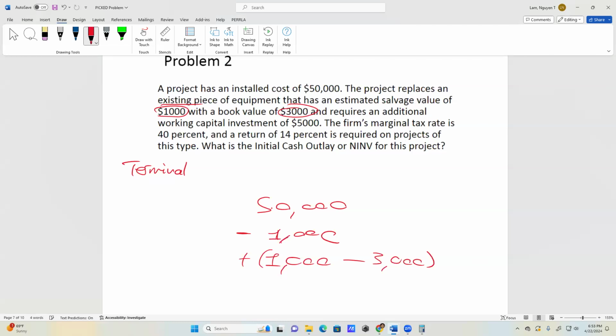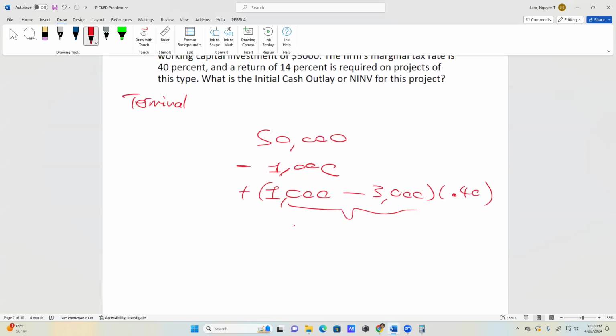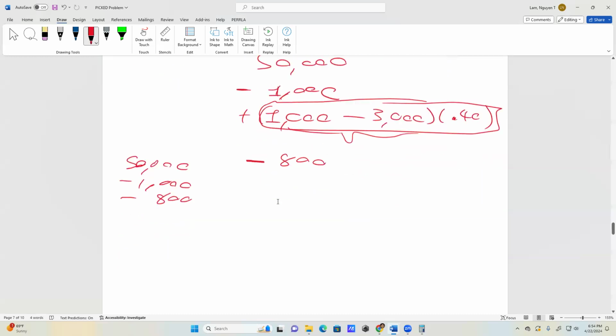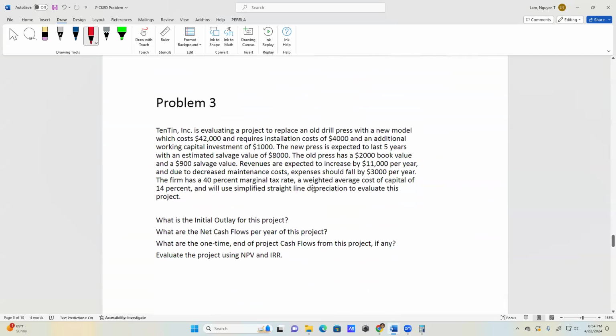In this case, you see there's a negative, that is a tax shield. Let's pretend the whole thing turned out to be negative 800. So this is going to be 50,000 minus 1,000 minus 800.